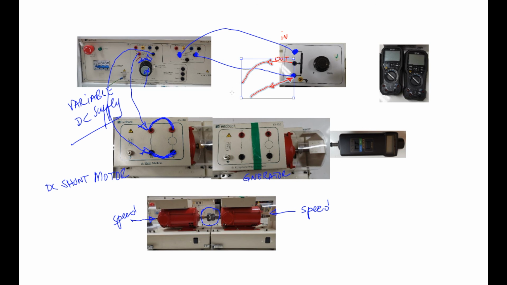Let's continue like this. Say, for example, this is the ammeter. Coming back from the ammeter, from COM here, it will supply our field winding.